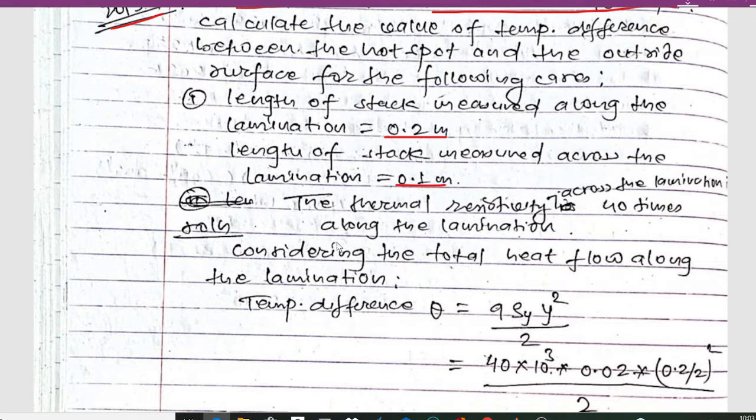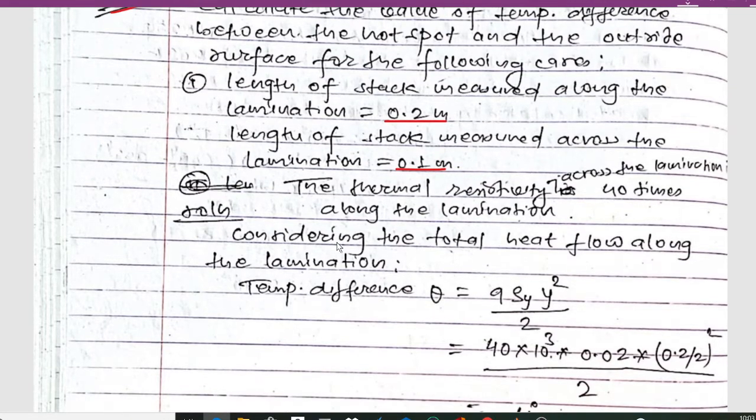So starting the solution, considering the total heat flow along the laminations, the temperature difference theta is equal to q into rho I into y square upon 2.